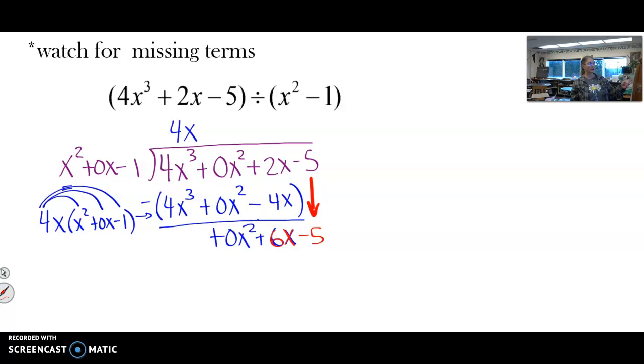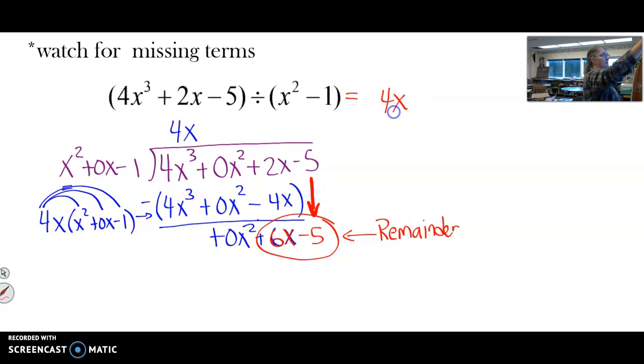Now, x squared doesn't go into 6x, because I'd have to divide to get an x instead of x squared. So this right here is our remainder for this problem. And so what we have here is 4x plus, you put the remainder over the divisor, which is x squared minus 1. And that's the division.